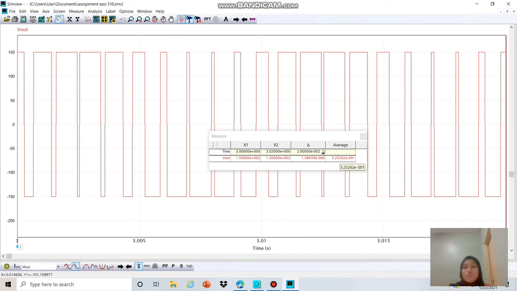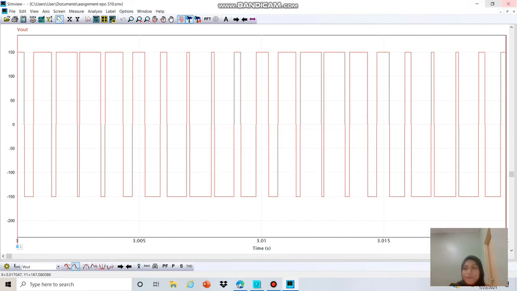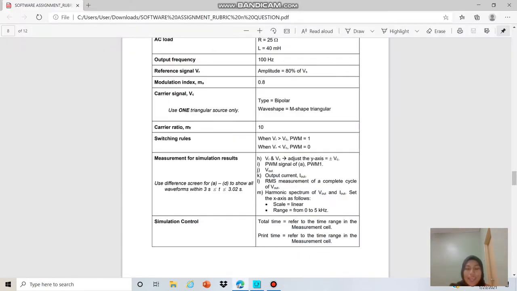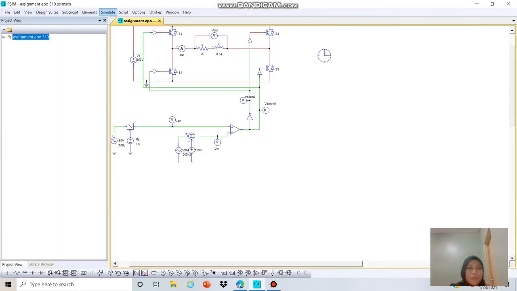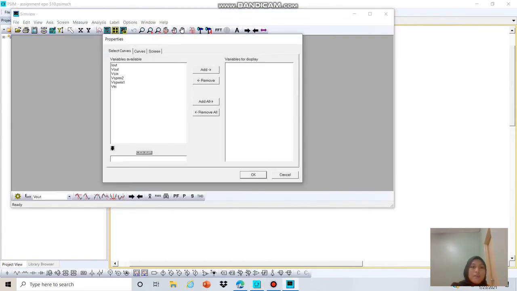Next is the harmonic spectrum of V out and I out. Still run the simulation. This time, choose I out and V out as the variables.